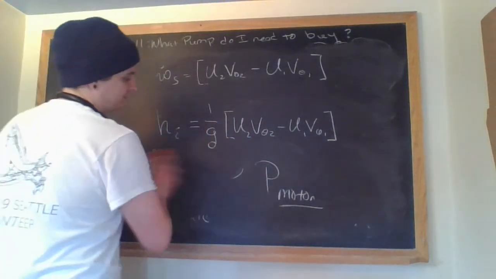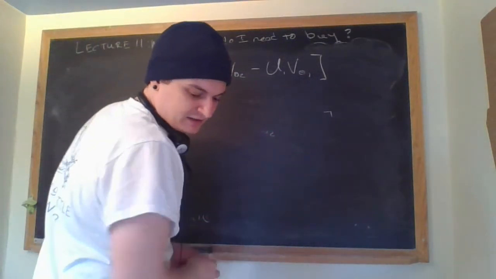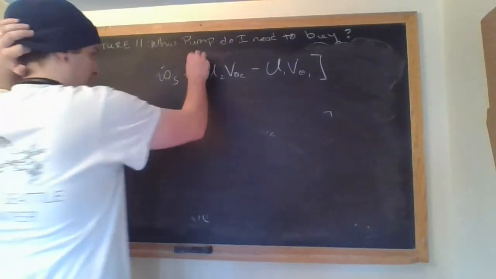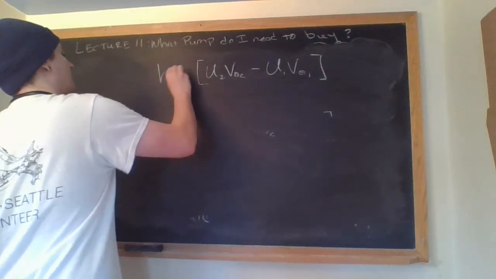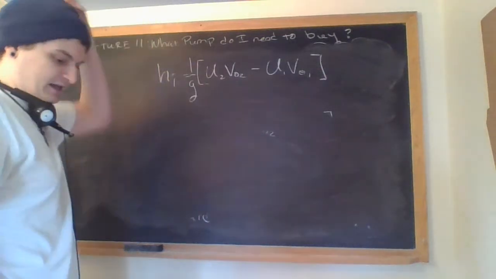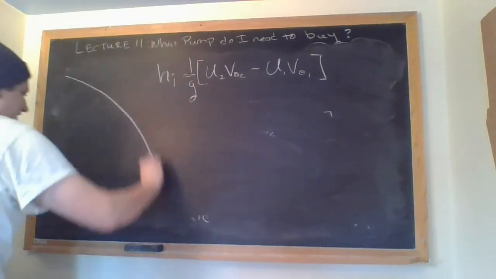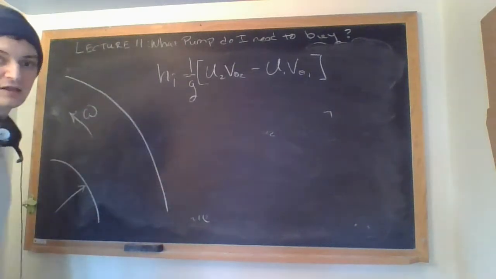Okay, so almost there. I think I'm pretty close. So even more now, we're going to look at this head, ideal head for a pump. Remember, there is a value of gravity right there. Okay, so same thing. Let me draw this control surface again. Angular velocity like that.